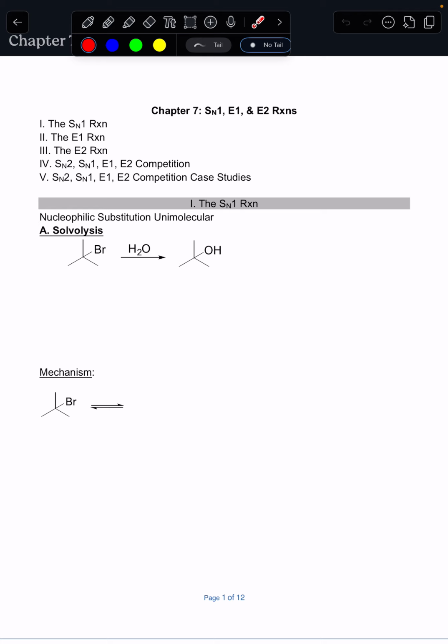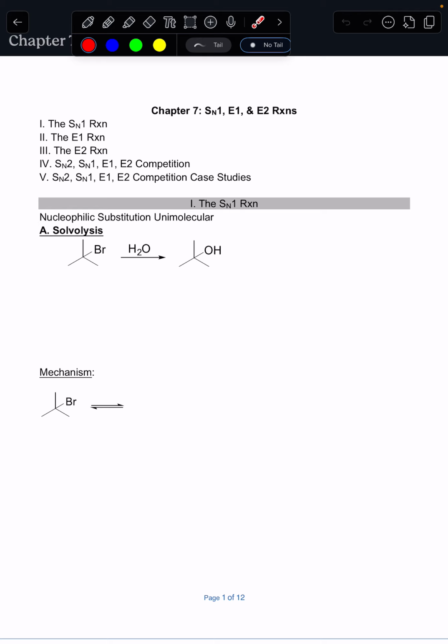First we want to introduce you to the SN1 reaction. If you remember what SN2 stood for, it was nucleophilic substitution bimolecular, and the 2 stood for how in the rate determining step there were 2 molecules involved.